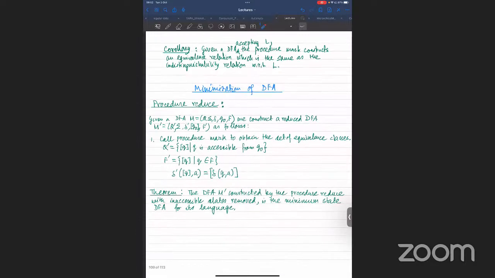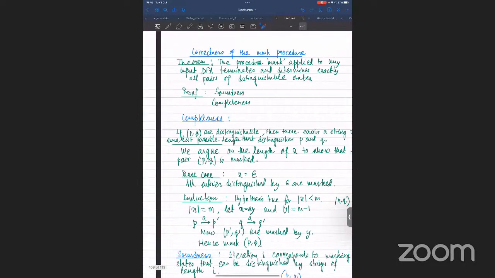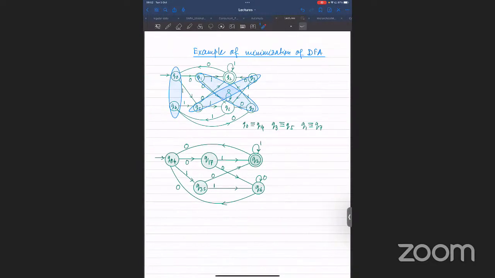So we just talked about the mark procedure. We are yet to do the minimization. What did we say in the minimization? Suppose we found these are the classes that you get: Q0 and Q4 are indistinguishable.